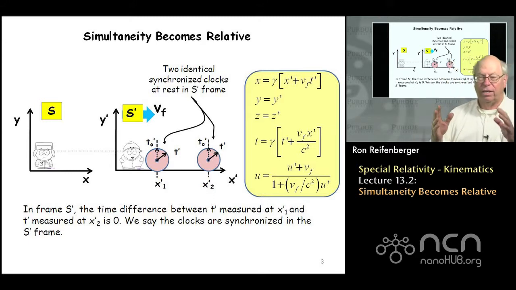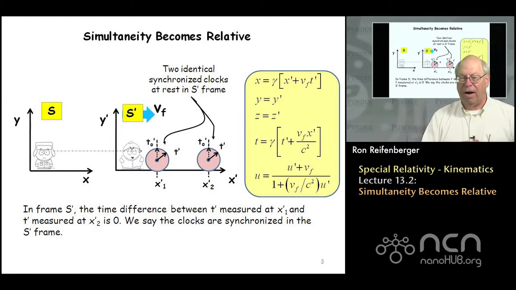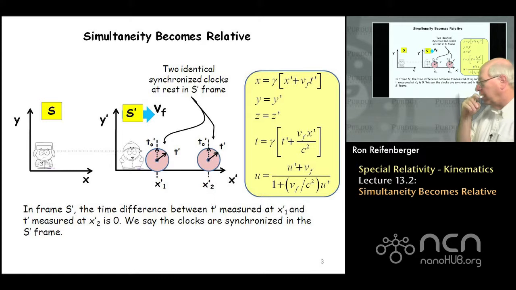What I'd like to do now is discuss the idea of simultaneity, and set that problem up. The way I like to set it up is to have you consider two clocks. Of course, these represent light clocks, and they're at different positions, let's say x1 prime and x2 prime, in this reference frame S prime. The observer in reference frame S prime is at rest with respect to these two clocks, and by various techniques, he can synchronize them so that the arrow in each clock points straight up at, let's say, some time t0 prime.